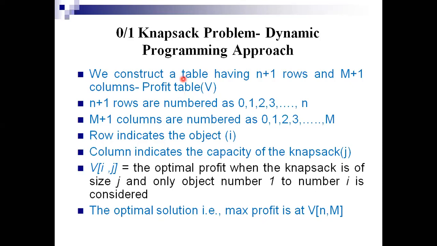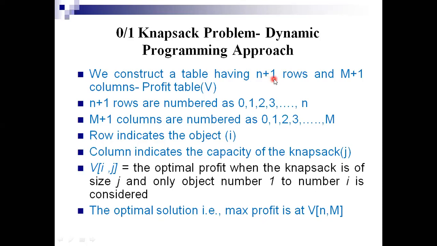So the table we are now constructing is what we call a profit table designated as V, wherein the table has n plus 1 rows and m plus 1 columns. What is that n plus 1 rows? n represents the number of objects or items, with one extra row compared to that.